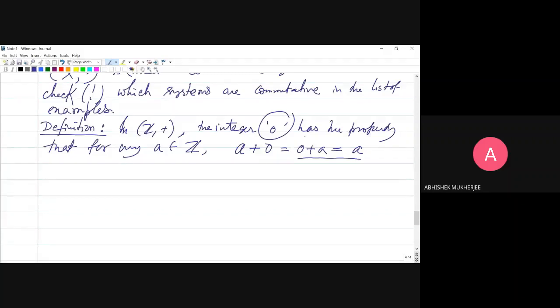And whenever you are considering this part, then you will call this element the right identity. And if both hold, then you will call this the identity of the system. Okay. So let us formulate this fact in the following.